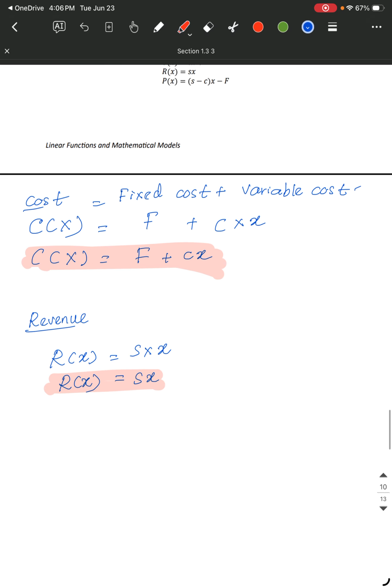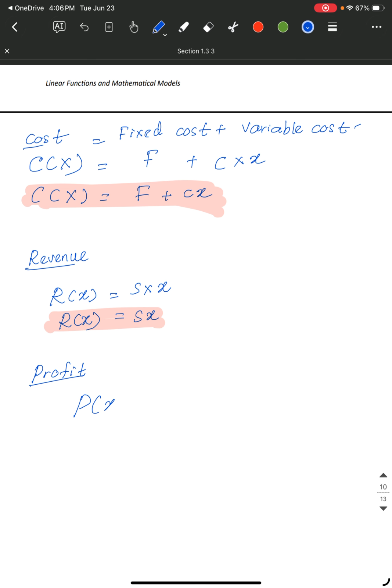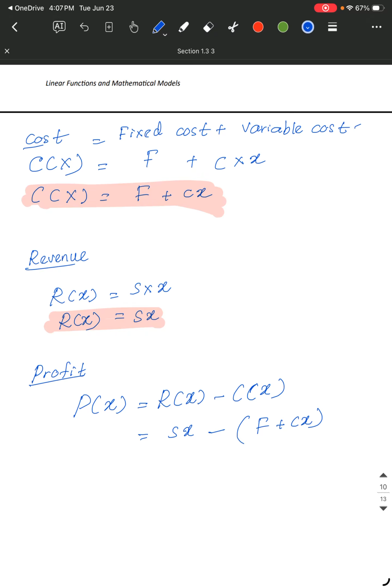Okay, then let's get the profit function. The profit function P of X should be the difference between the revenue and the cost, R of X minus C of X. Let's substitute R of X, SX, and C of X, F plus CX.